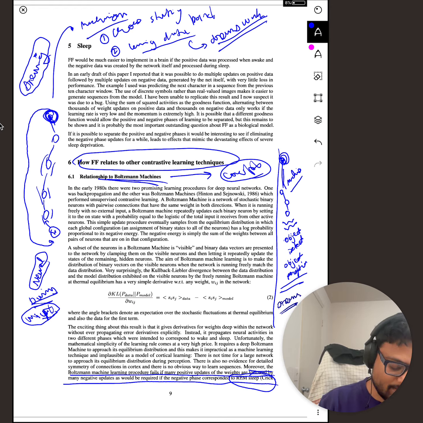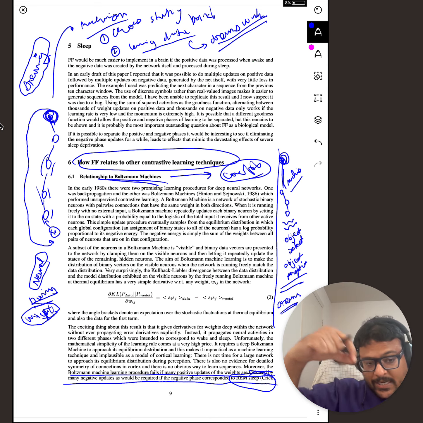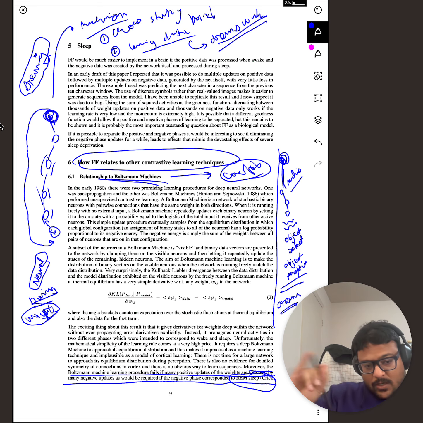You choose a starting point, generate a sequence, and do some sort of learning on this sequence, and that is equivalent to biological dreaming. Once you do this unlearning or dreaming phase, it helps you improve upon the representations which you learned during the day.